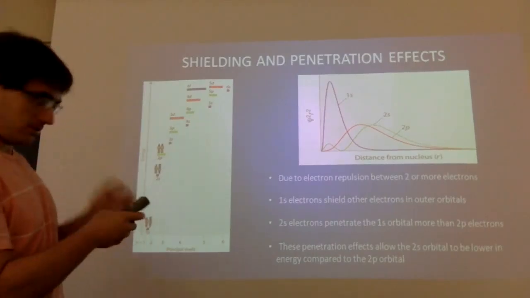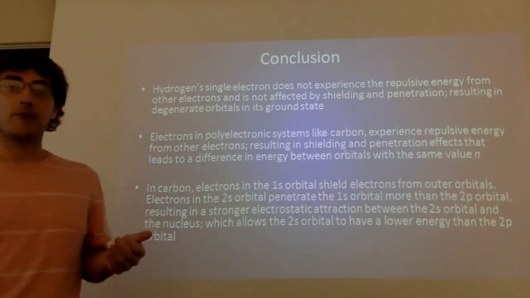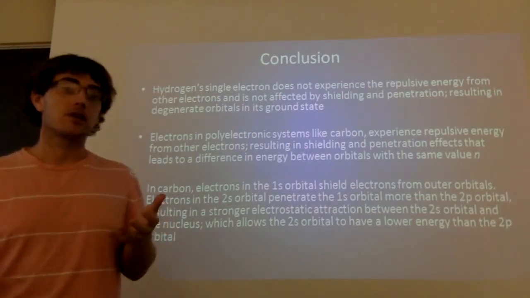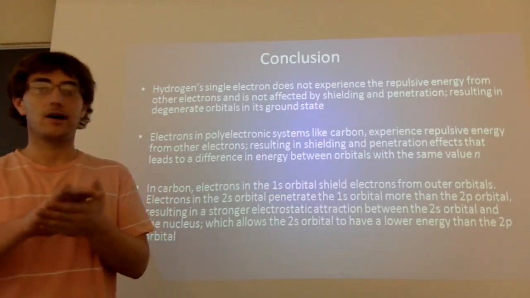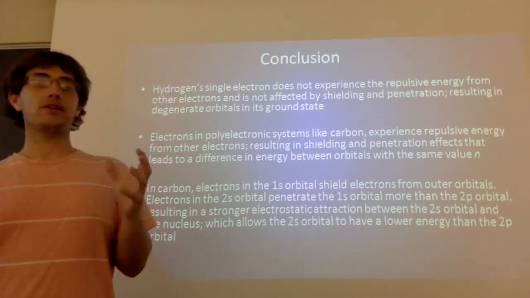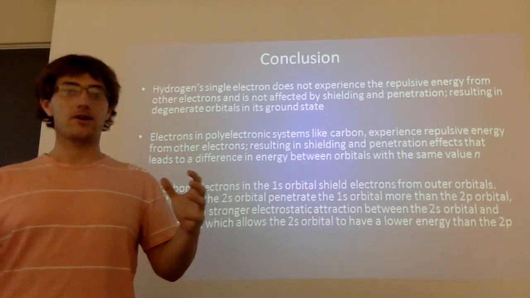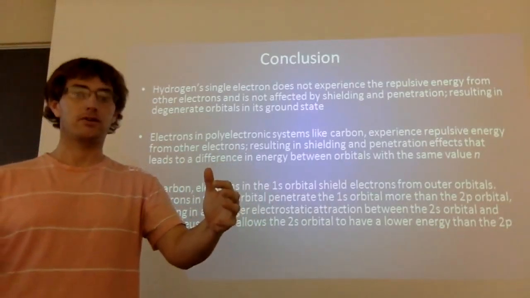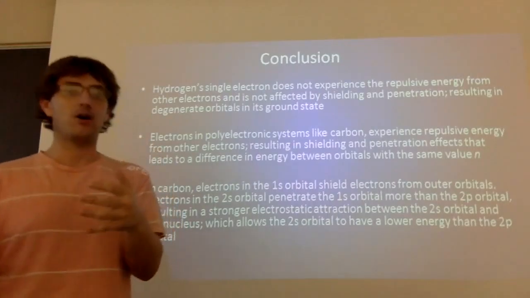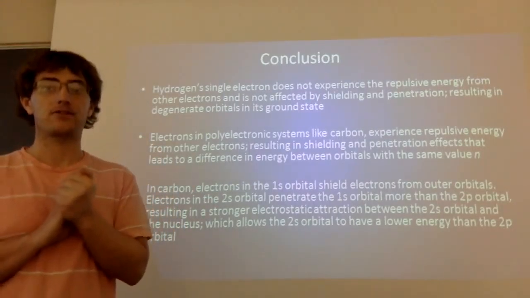That being said, we see that monoelectronic systems like hydrogen and some other ions don't experience all these repulsion effects that other electrons exhibit toward one another, which cause, as we were saying before, the shielding and penetration effects.